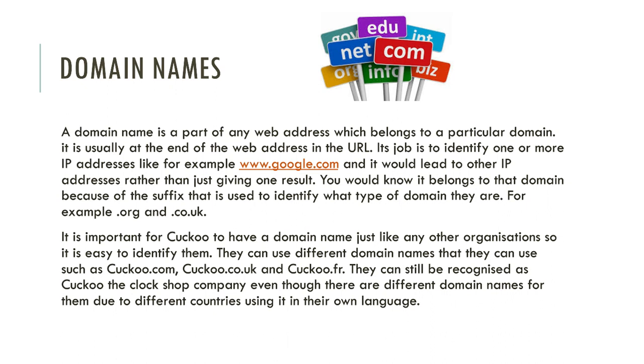Well, people say it's American, but I think it's international. So they can still be recognized as Cuckoo, the clock company, even though they're using different domain names, because they are trying to get their website out to other countries, in different languages.